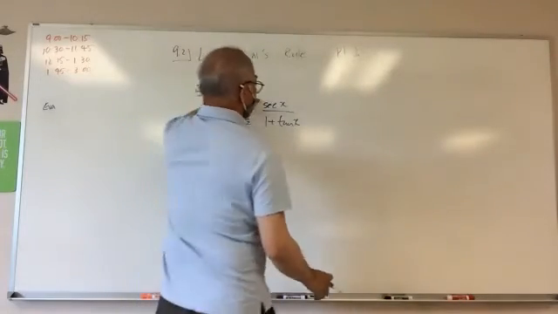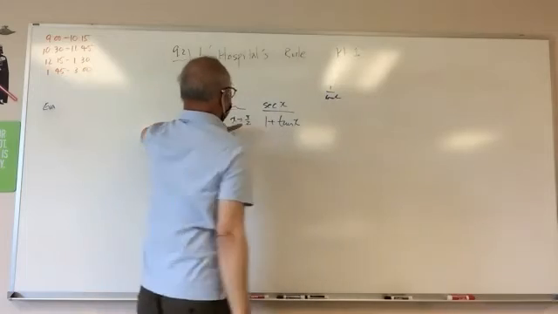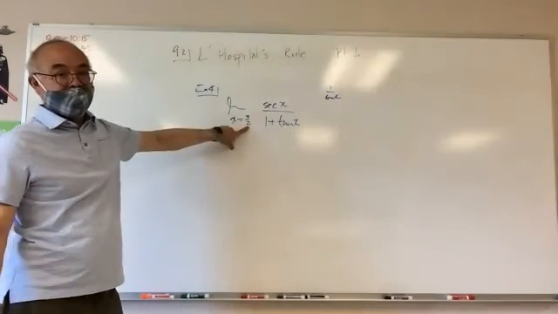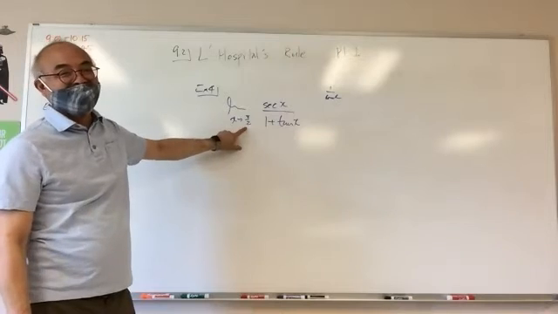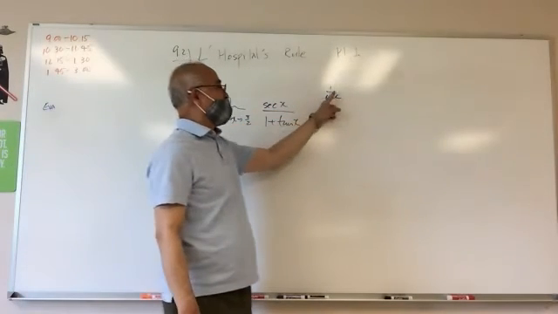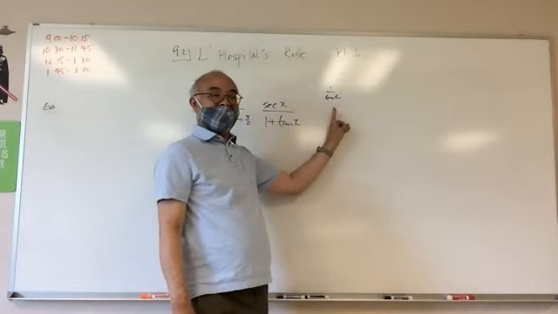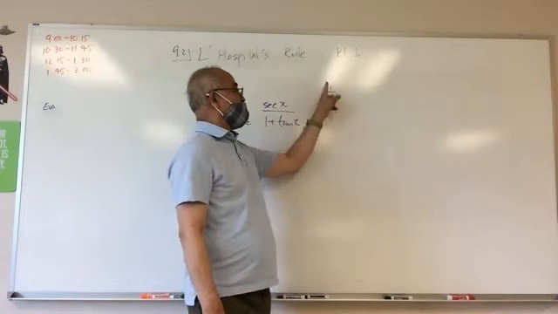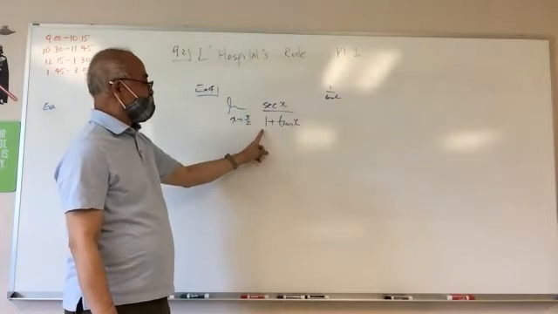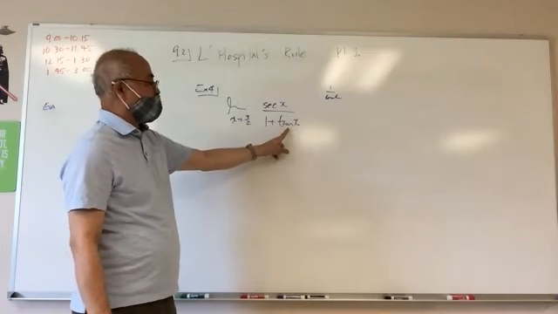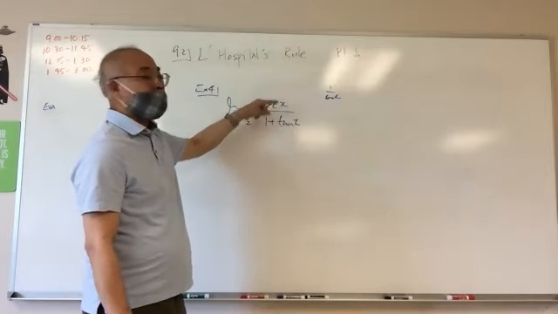When x goes to pi over 2, cosine goes to 0, so the top is 1 over 0, which is basically infinity. On the bottom, tangent of pi over 2 is infinity. So basically you get infinity over infinity.